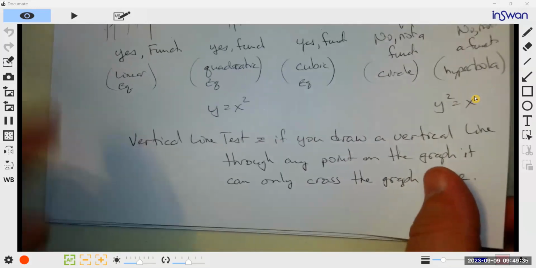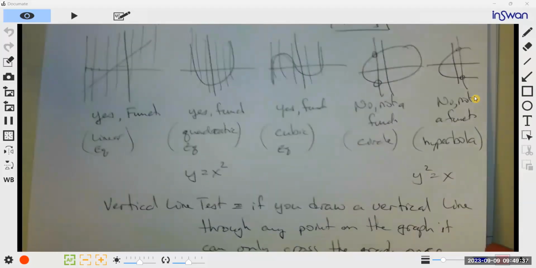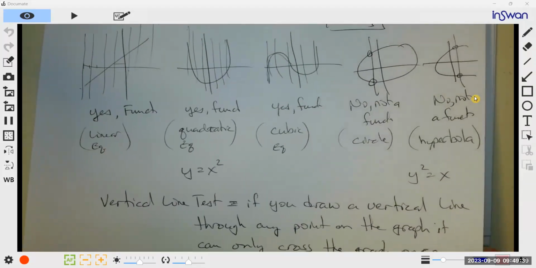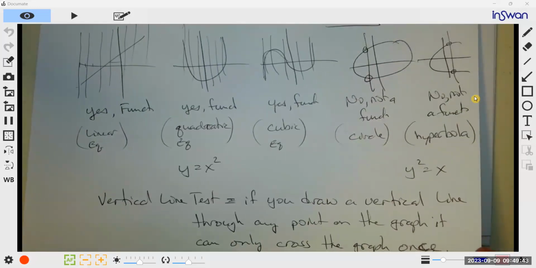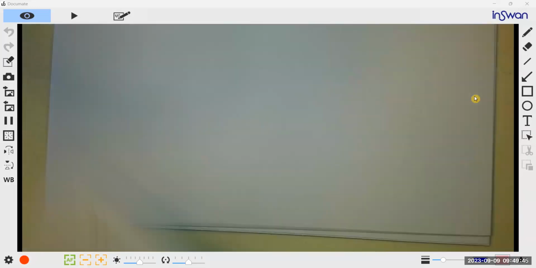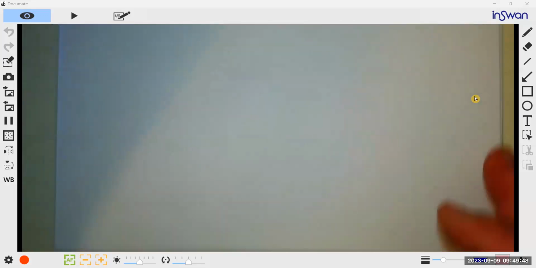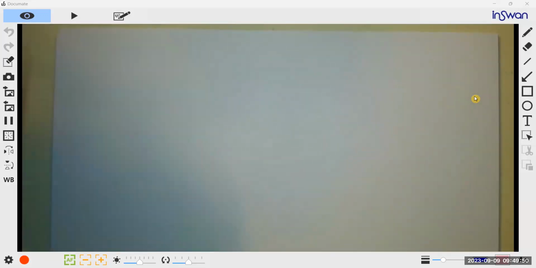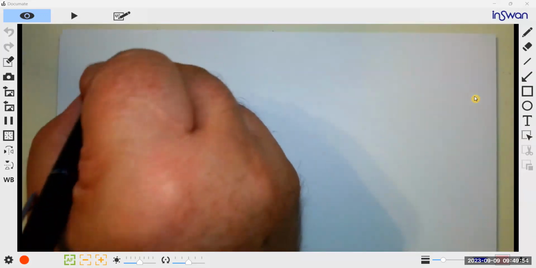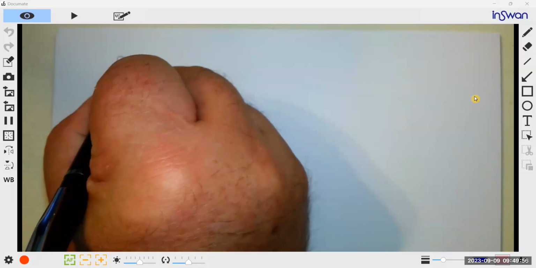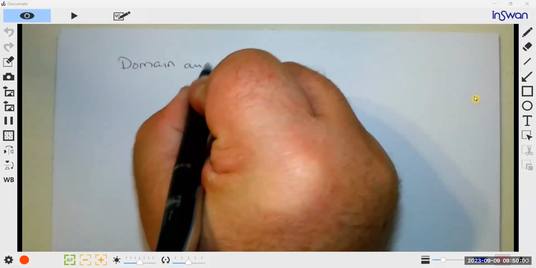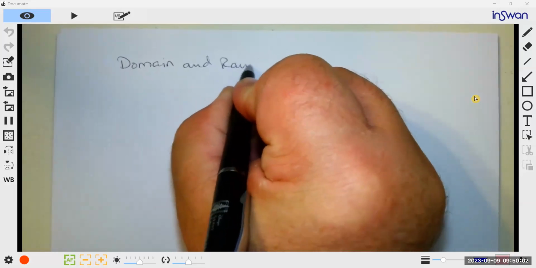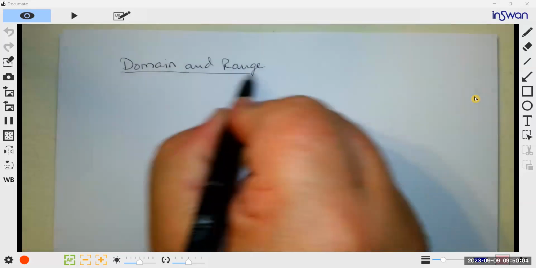All right, next we're going to use the same pictures. But this time we're going to look at something else and determine possible values of x and y. We call those domain and range.